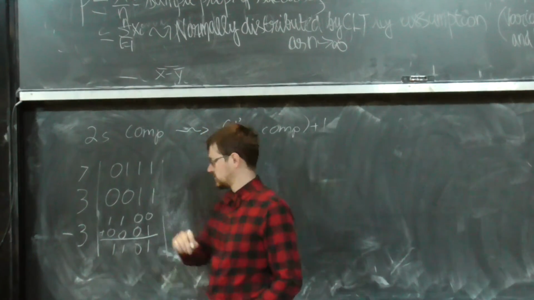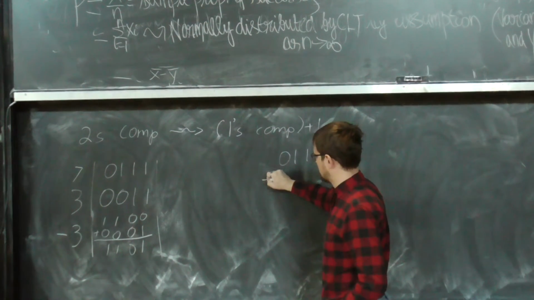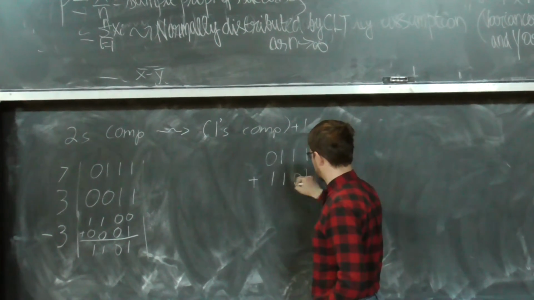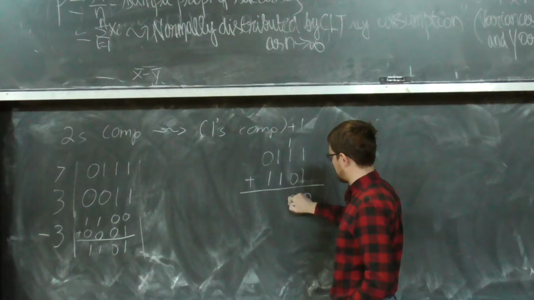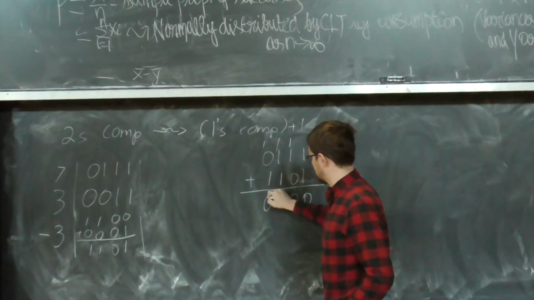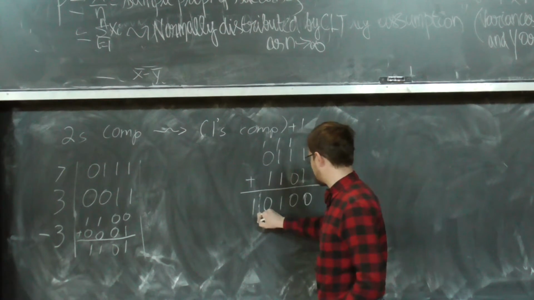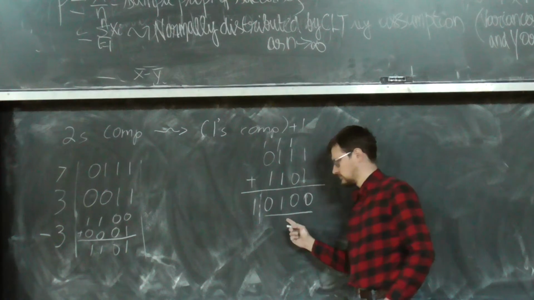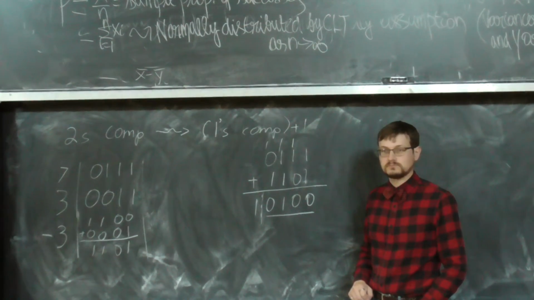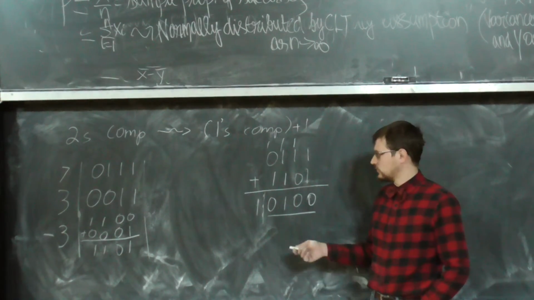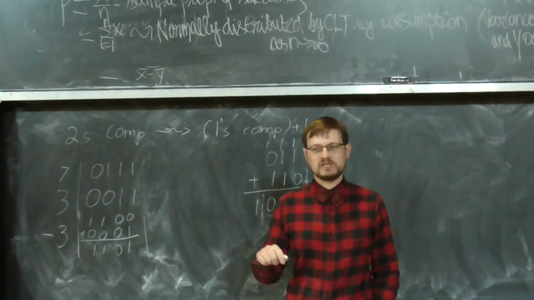So let's see how this works. Zero, 1, sorry about the chalk. So you'll notice that's the correct answer. Right? So what 2's complement is basically doing is pre-establishing the end around carry.